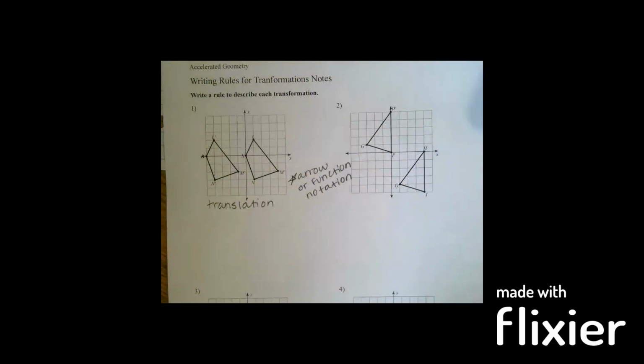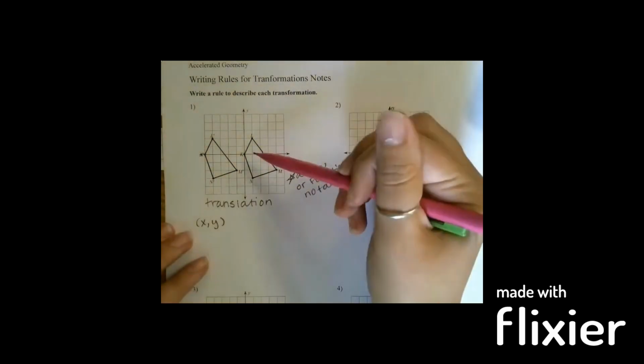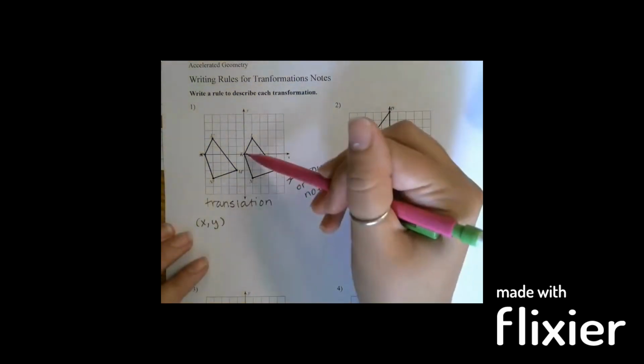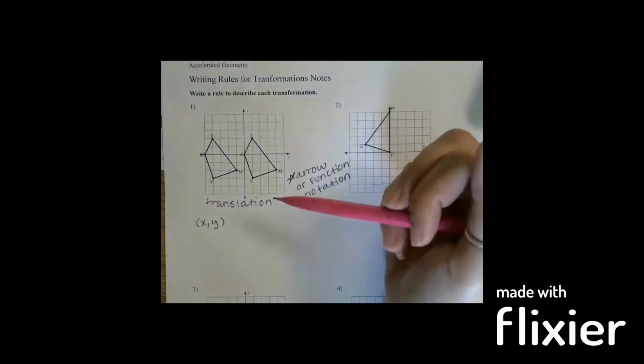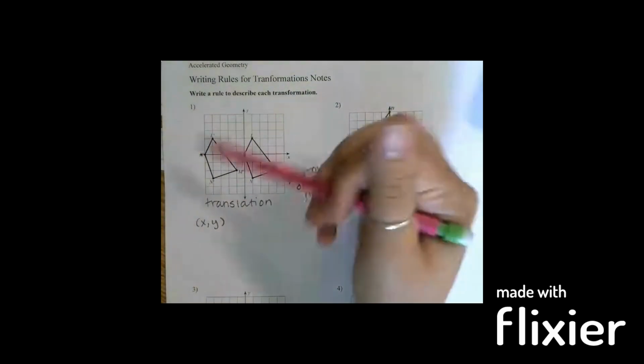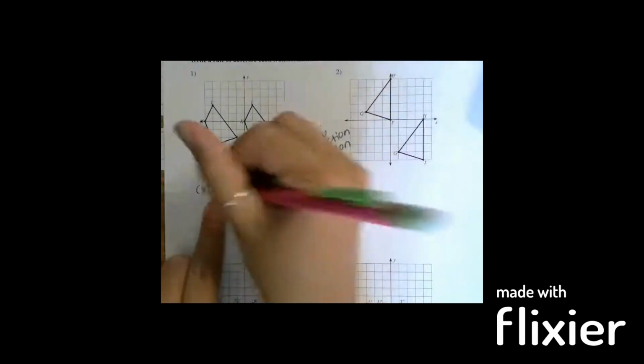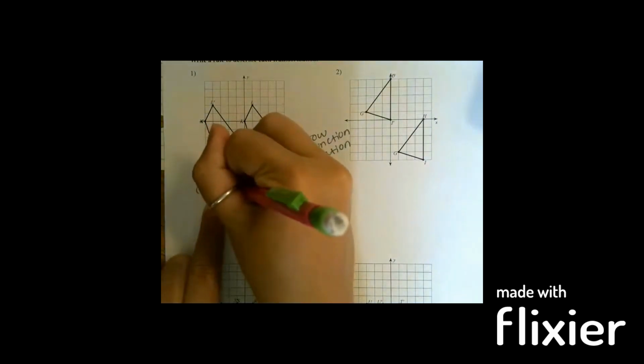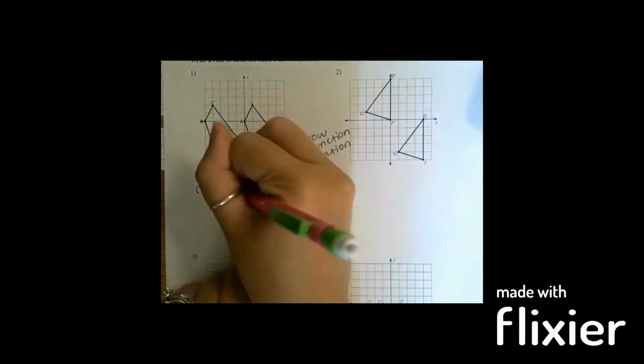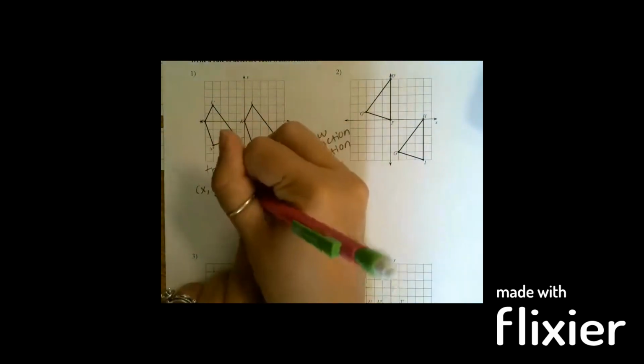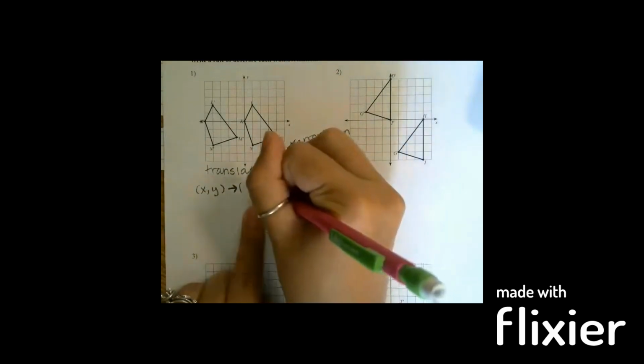Arrow function notation means you start with x, comma, y, because your pre-image, those are your points that you start with. They are x and y. Something happened to those points to make this new image. So we start with these and we transform them, so we use an arrow, that's why it's called arrow notation, into a new point. And when you did the lessons last week, they give us this sometimes and they tell us what it is here that we've got to do.